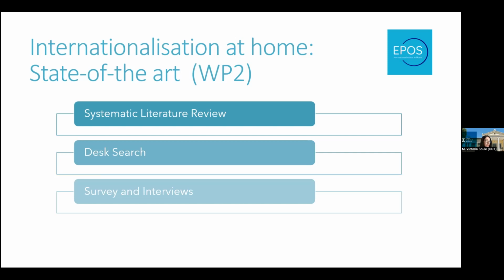This work package has also a desk search activity, which is dedicated to analyzing internationalization practices and internationalization at home practices at the universities in the Republic of Cyprus, both at public and private institutions in Cyprus. And it also has a survey and interviews that are aimed to identify the academic staff's needs in terms of internationalization at home practices.